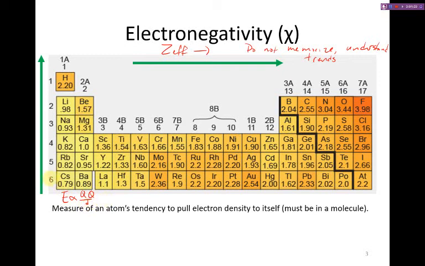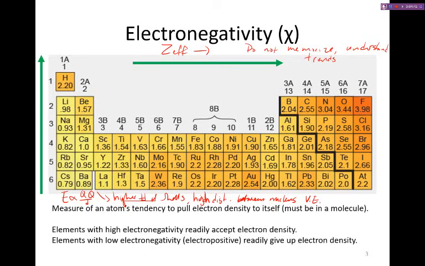And so these elements with high numbers of shells have high distances between the nucleus and the valence electrons. And that means that they're not held as tightly. They don't pull on the outer electrons as much.